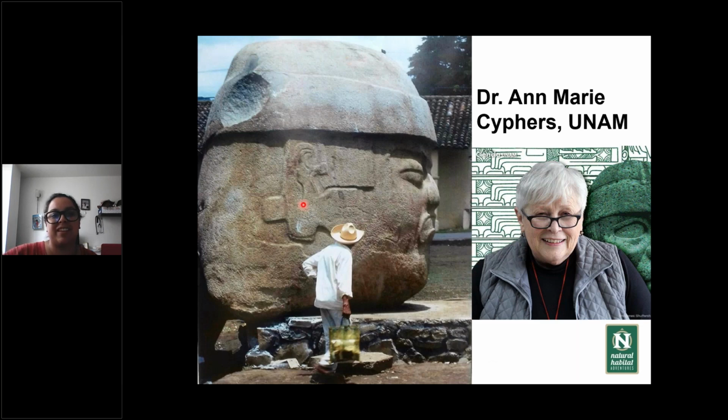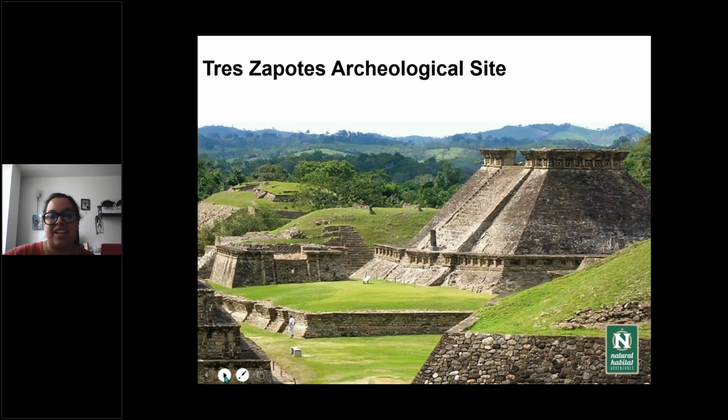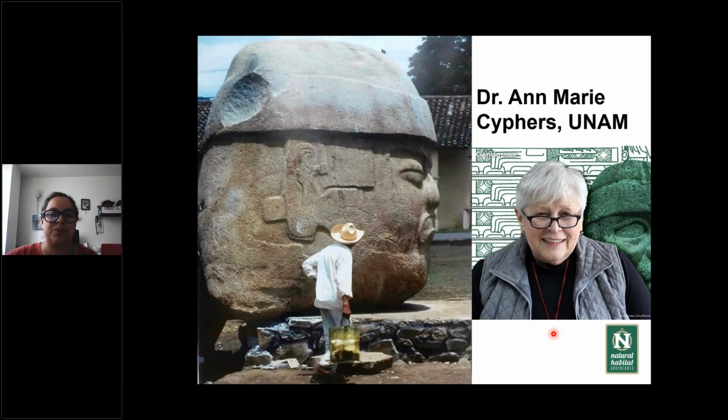Some people say there might be a connection between African cultures and Mesoamerican cultures due to the shape of the colossal heads, the faces that they present. But she has some very interesting information showing that they actually represent ancient Olmec kings. So take a look at her research.